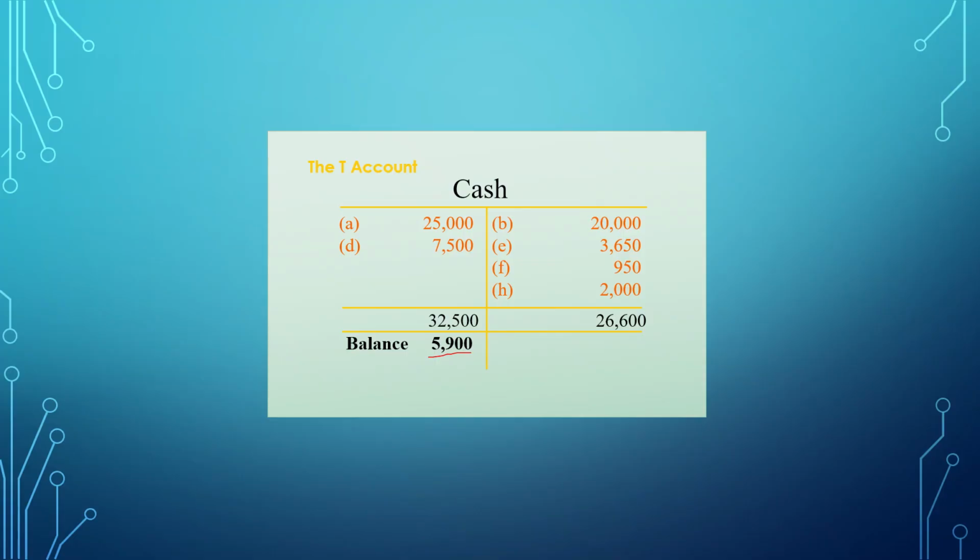So when you have a negative balance of cash, it's something that is questionable. So maybe there's something wrong with the entries made because ideally cash should have a debit balance. That means you have cash of zero or a debit balance.